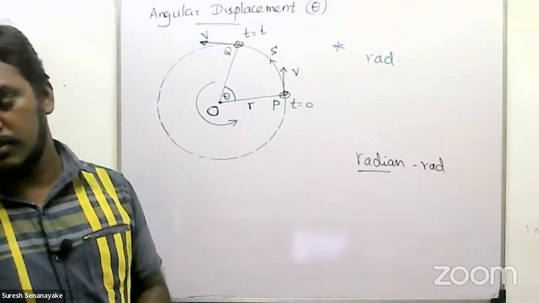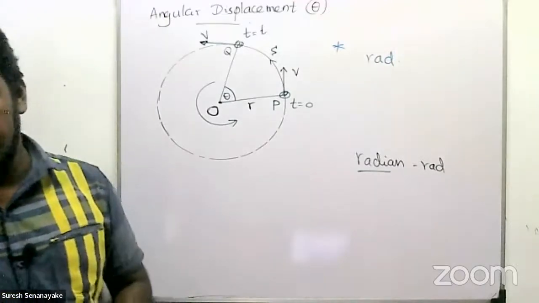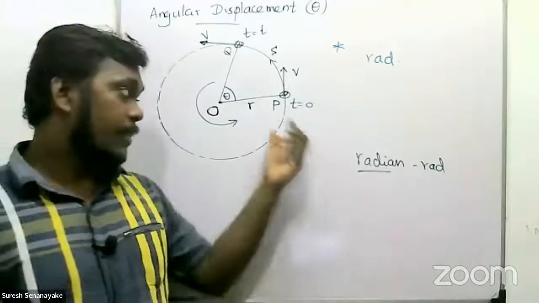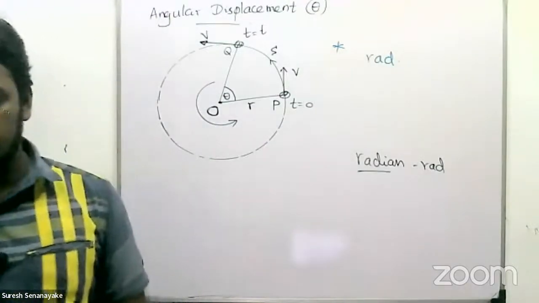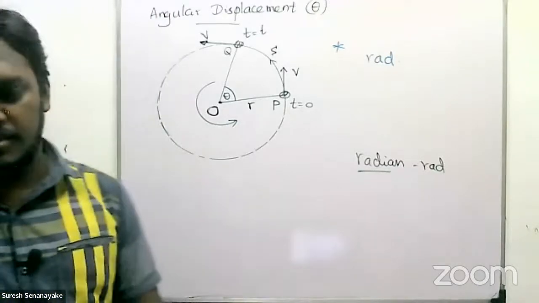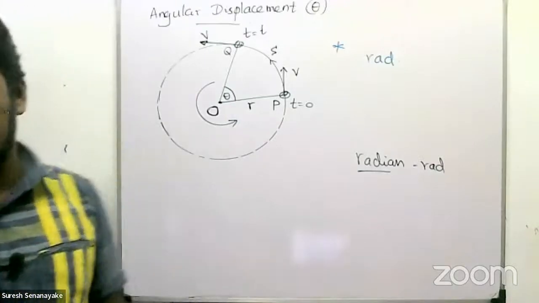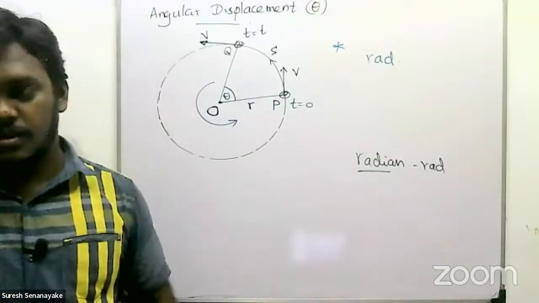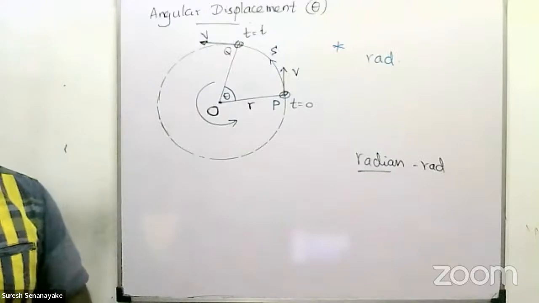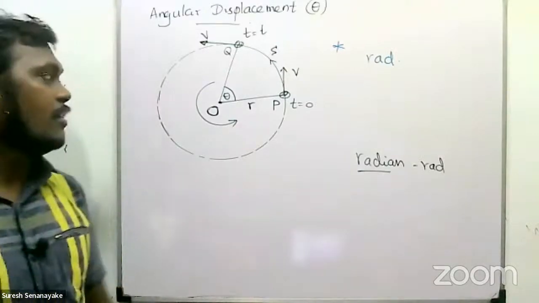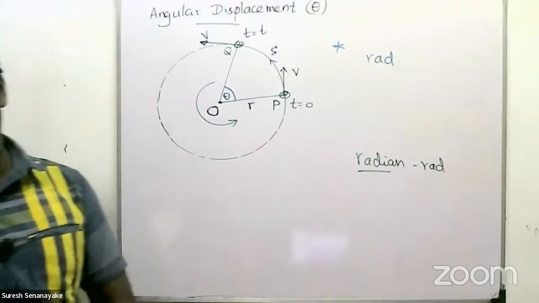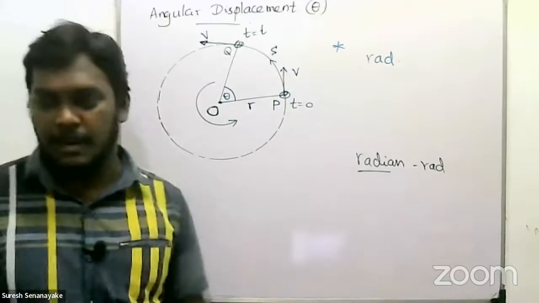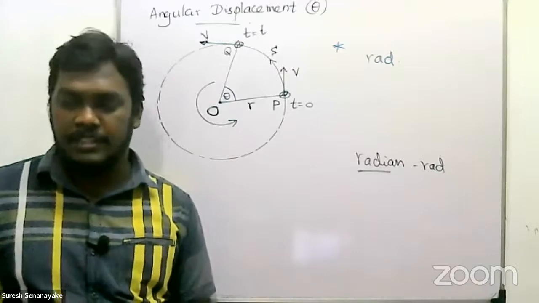Let the particle be at P at time t equals 0, the point capital P at a distance simple r from the origin capital O. It rotates through an angle theta, and the particle is at point capital Q at t equals t.